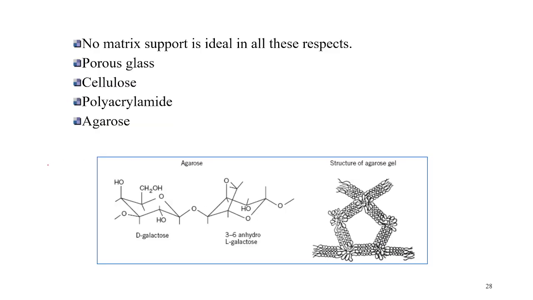As it says, no matrix support is ideal in all these respects. So porous glass, cellulose, polyacrylamide, agarose, anything can be used. There is not a particular matrix which is biasedly used. So you can use any of these, whatever suits your macromolecule or your purification process.